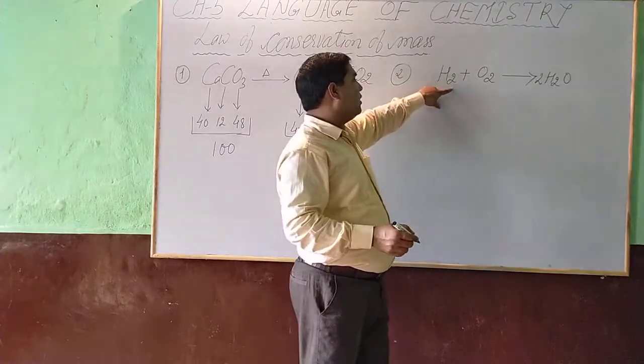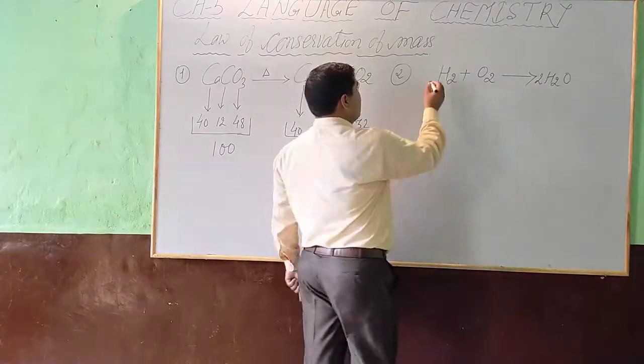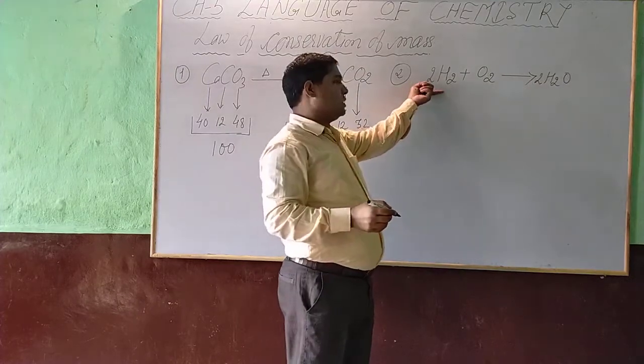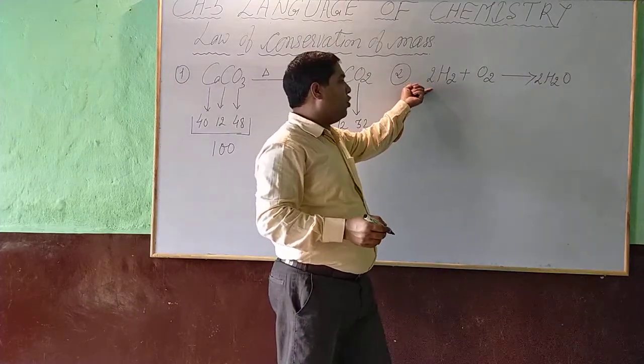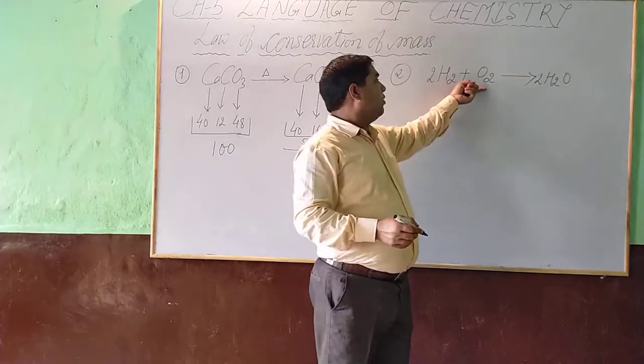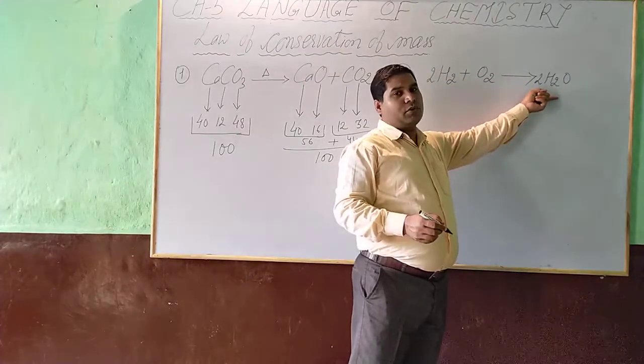But you see on the reactant side the number of hydrogen is only 2. So we will put here 2, and now the number of hydrogen on the reactant side is 4 and also on the product side 4. Oxygen is 2 on the reactant side and on the product side also 2.